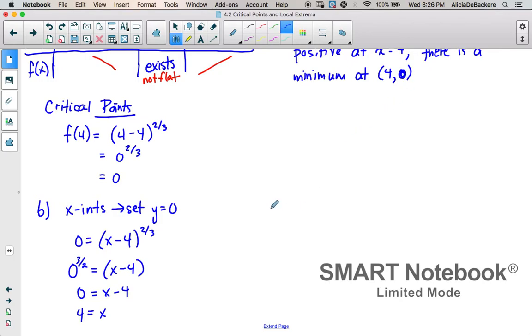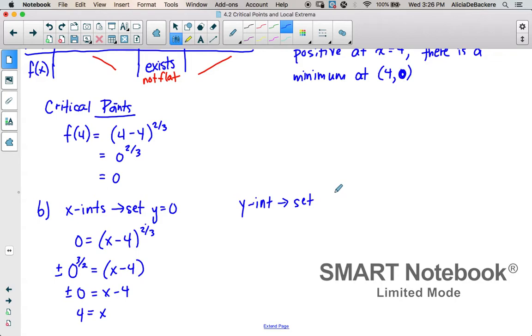When we found the critical point, we were just checking to see if there was more than one. When I do this, I am squaring this side, so it's a cube root being squared. So I am doing the plus minus here. When the numerator is even, I have to consider the plus minus, but it is 0. So I didn't have to worry too much about that.